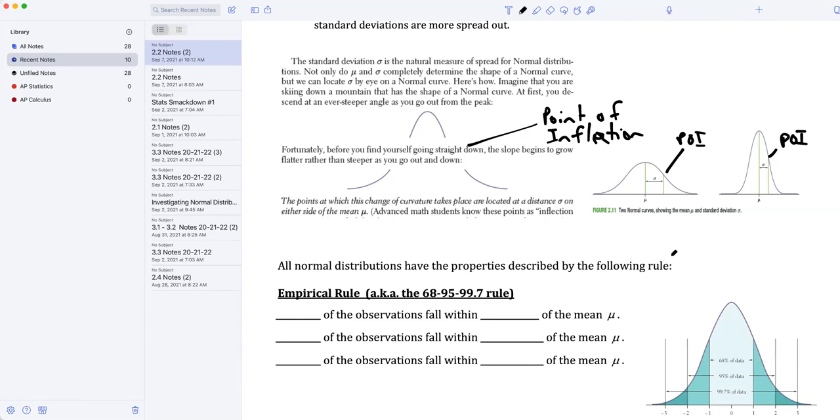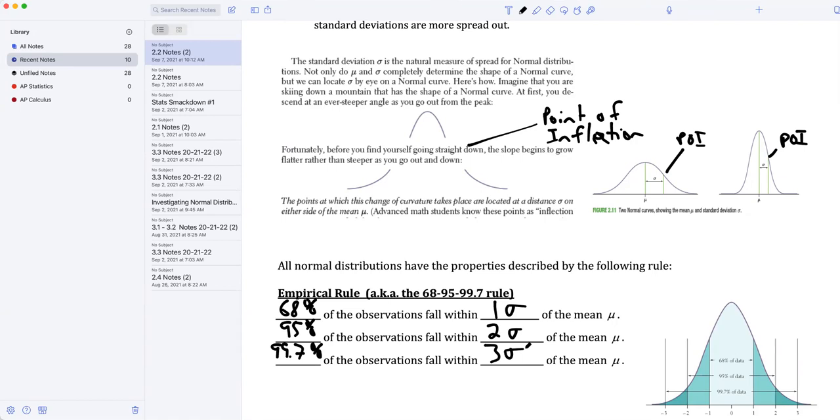68%, 95%, 99.7%. Within one standard deviation, about 68 percent fall. About 95 percent fall within two deviations of the mean, and 99.7 percent of the data within three standard deviations.